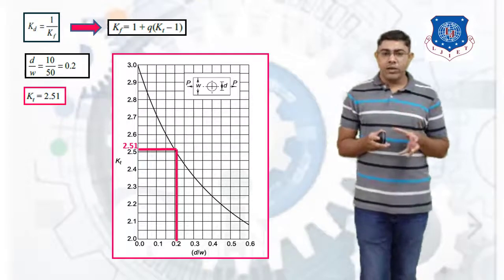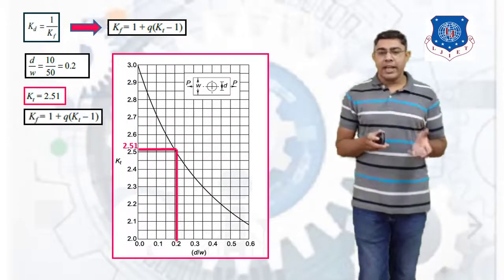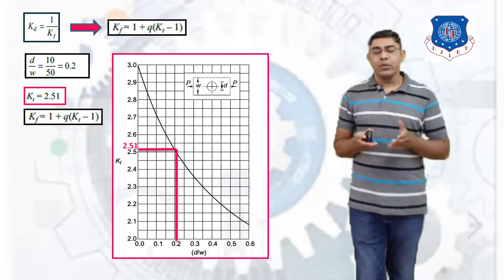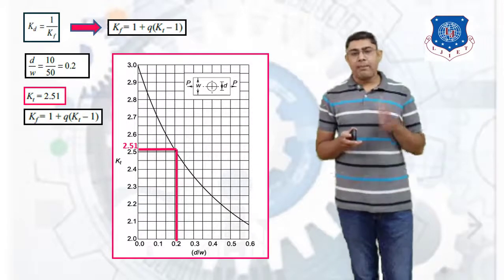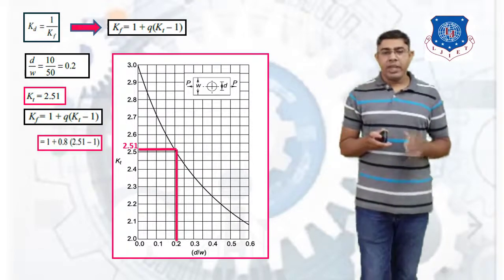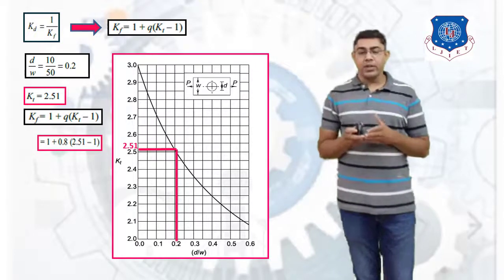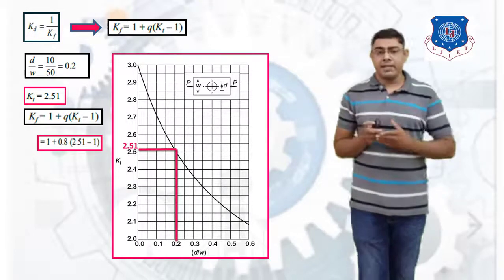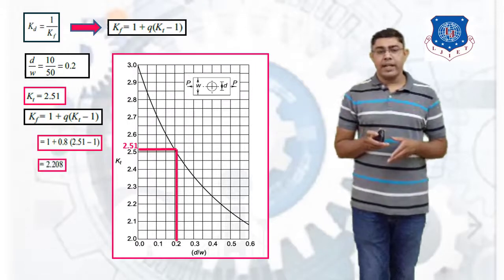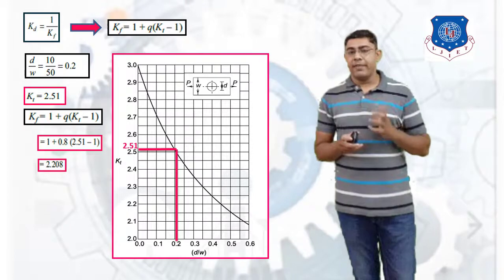So Kt is known and Q is given, so we can calculate Kf, that is 1 plus Q into (Kt minus 1). By placing the values of Q and Kt, Kf is equal to 1 plus 0.8 into (2.51 minus 1). So the Kf value we get is 2.208.